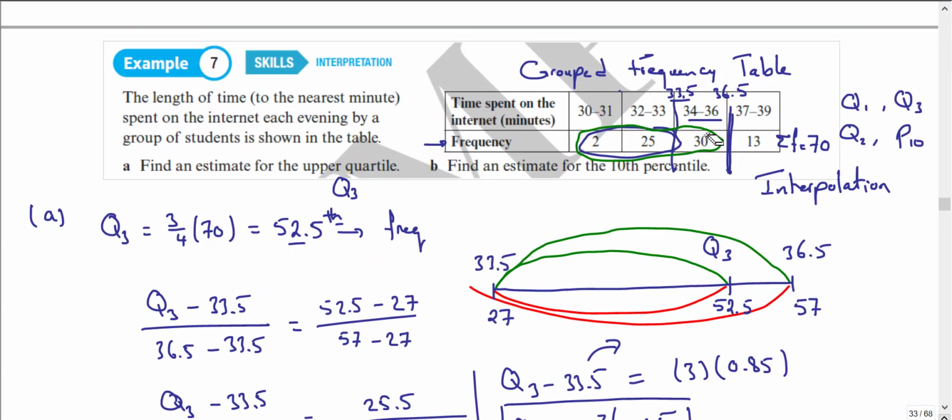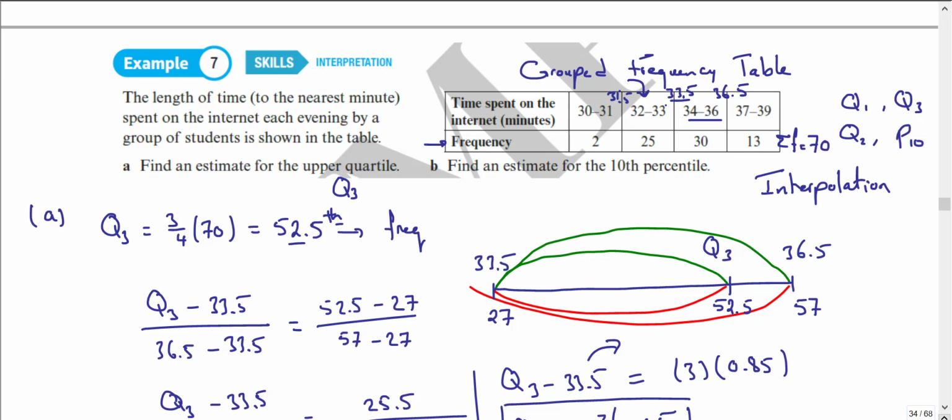So again to the table. The 7th value belongs to which group? Here, 2 plus 25, that's 27. So our 7th value would be here. What are the class boundaries? 31.5 and 33.5.